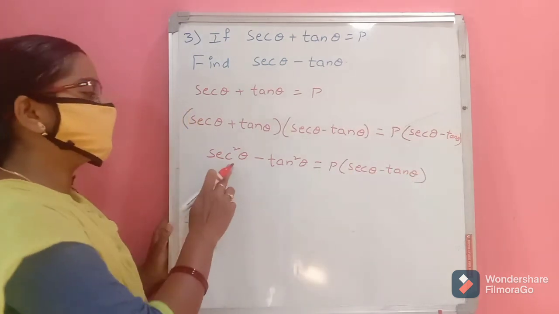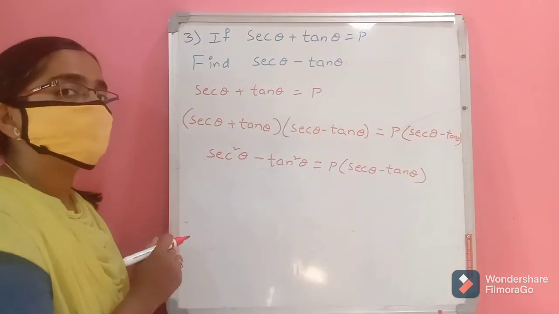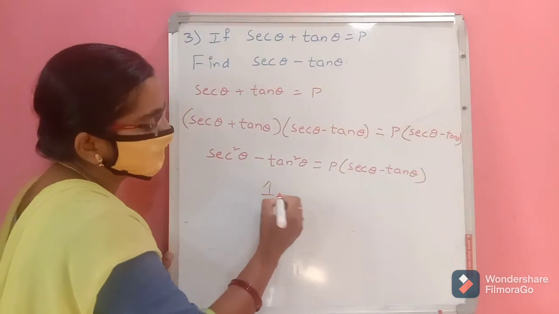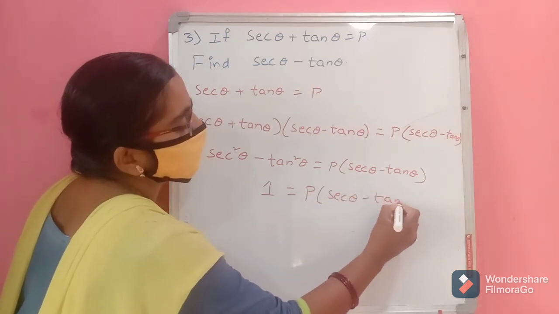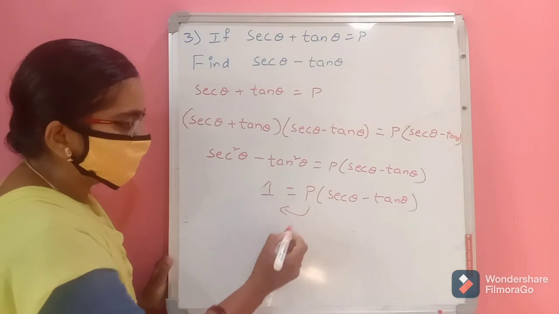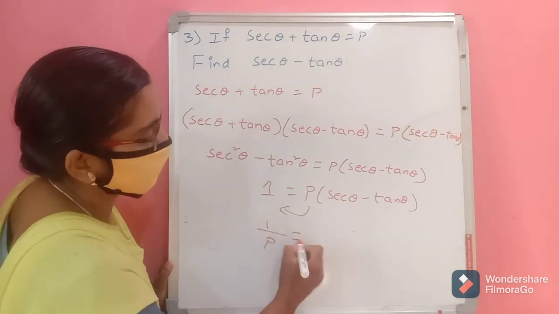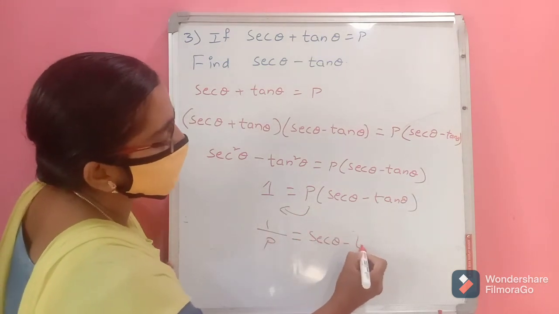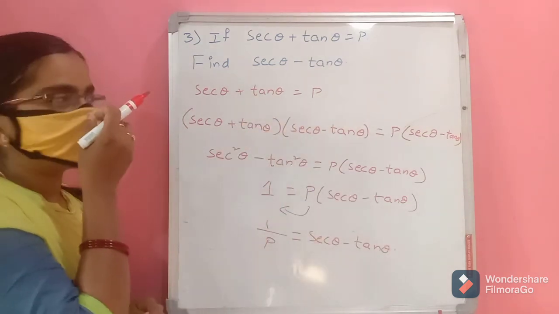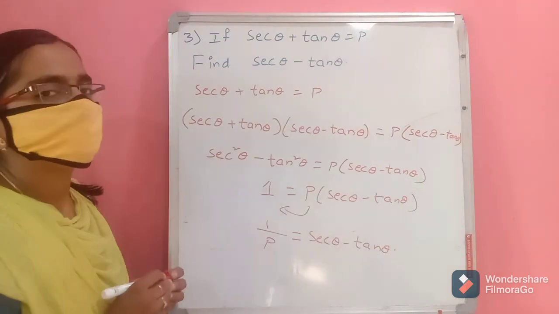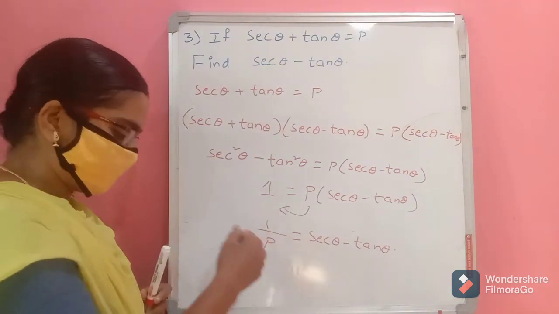But we know that sec square theta minus tan square theta is equal to 1, so 1 is equal to p into (sec theta minus tan theta). Transposing p to this side, it becomes 1 by p. Therefore, sec theta minus tan theta is 1 by p. When sec theta plus tan theta is p, sec theta minus tan theta is 1 by p.